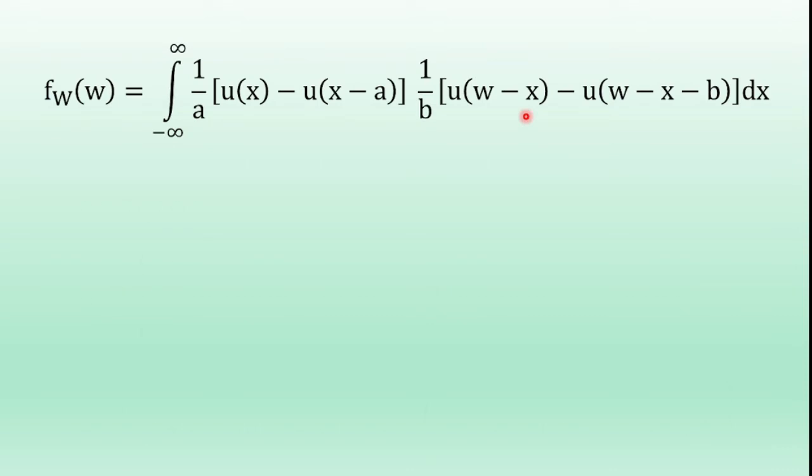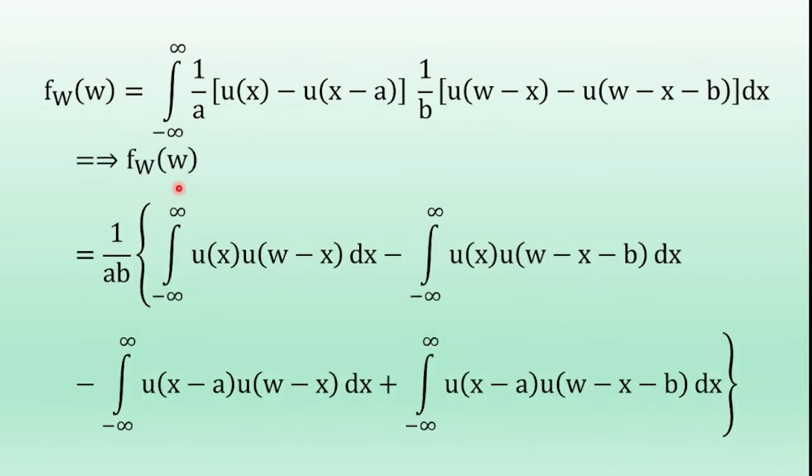Applying the integration to each term, we have fw of w equal to 1 by ab into the integral from minus infinity to infinity of u of x into u of w minus x dx, minus the integral of u of x into u of w minus x minus b dx, minus the integral of u of x minus a into u of w minus x dx, plus, since minus into minus is plus, the integral of u of x minus a into u of w minus x minus b dx.